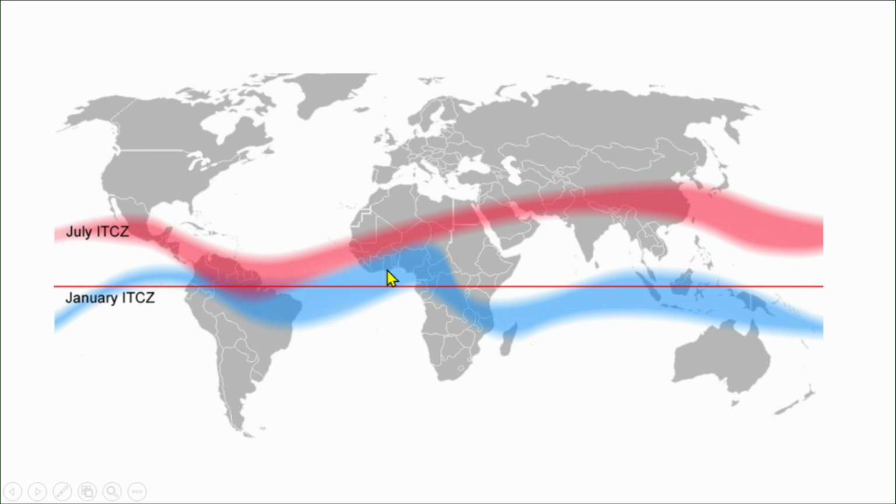When they are subjected to the Coriolis force, they turn into monsoons. And when the sun migrates to the southern hemisphere, the intertropical convergence zone migrates to the south, that is the blue line. In this process, the ITCZ shifts to the south and the southern trades shift to the southern hemisphere. In this process, the northeastern monsoon sets back.